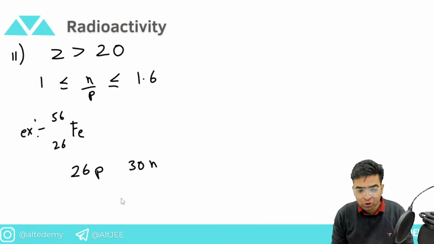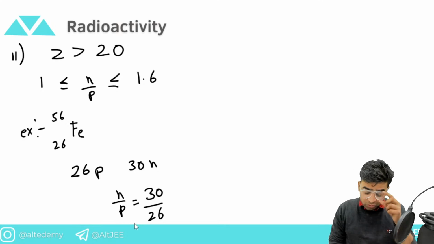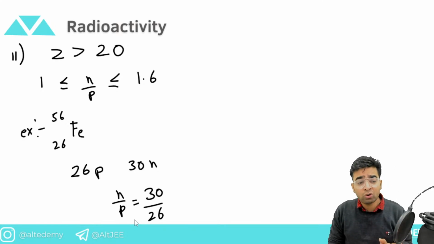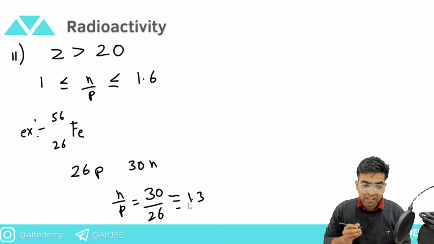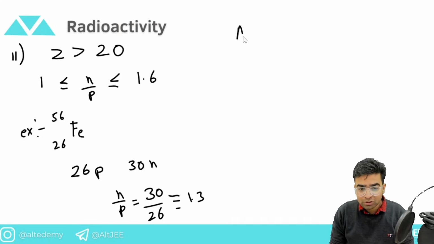Its N by P ratio will be 30 upon 26, greater than 1, around 1.3. So the N by P ratio has to be greater than 1 and lower than 1.6. Let's take another example.